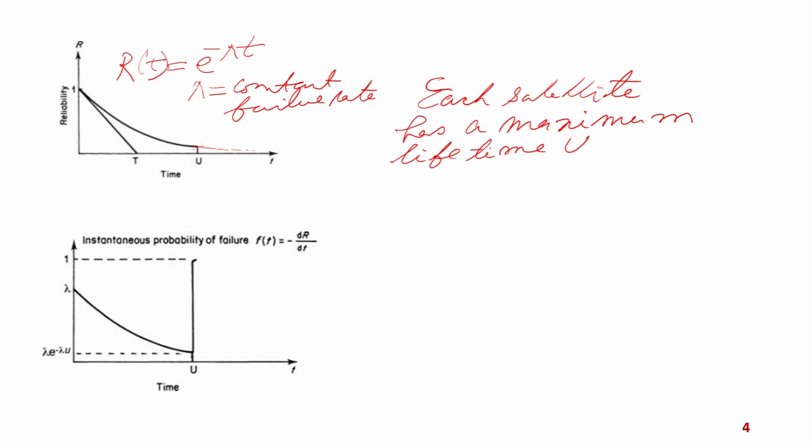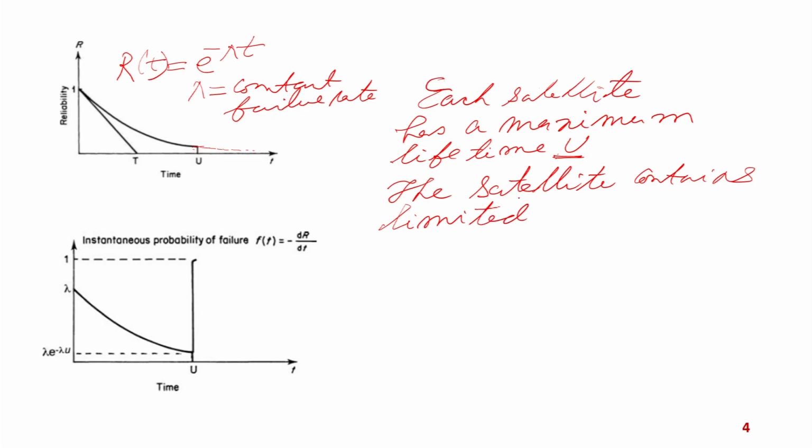Why is this time u there for a satellite? Because the satellite contains limited fuel in the propulsion system, which has a finite time.